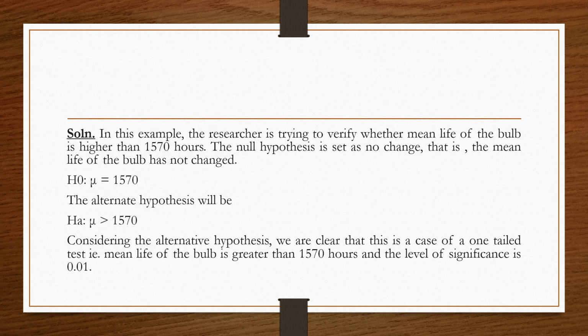And the alternative hypothesis is HA: mu is greater than 1570. Considering the alternative hypothesis, we are clear that this is a case of a one-tailed test. That is, the mean life of the bulb is greater than 1570 hours, and the level of significance is 0.01.